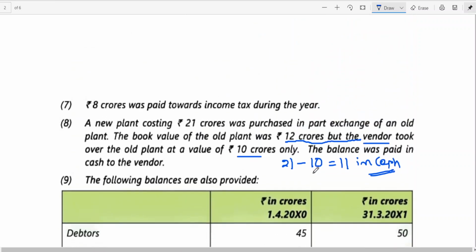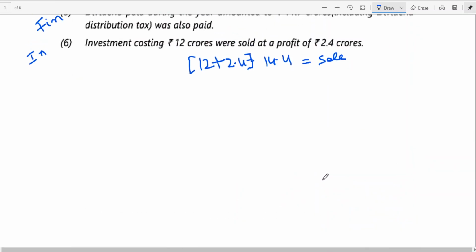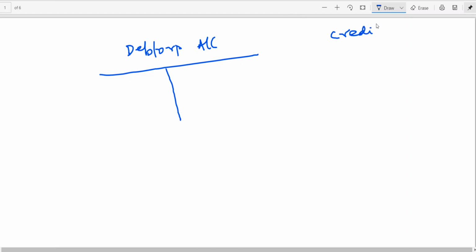Just for this problem, to have clarity, some space has been left in the beginning. So here I am opening the debtors account. This is just for tutorial notes. I think you are all doing well. Debtors account, and opening one more account called the creditors account.